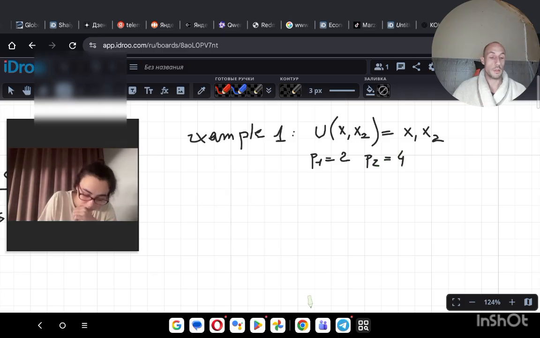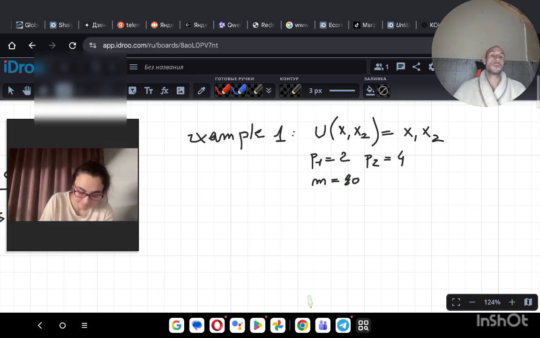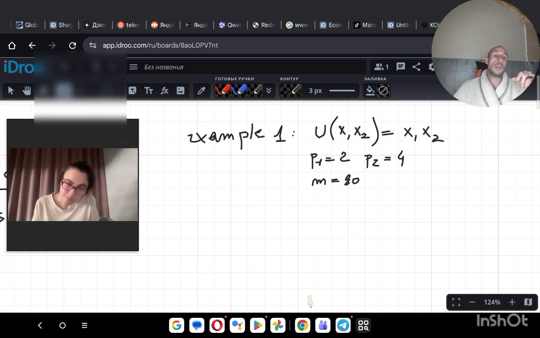Your income is M equal $80. What is an analysis of this situation? What is the optimal choice? What is the best money you can spend on one and the best money you can spend on the other? What is the optimal bundle, and so on?